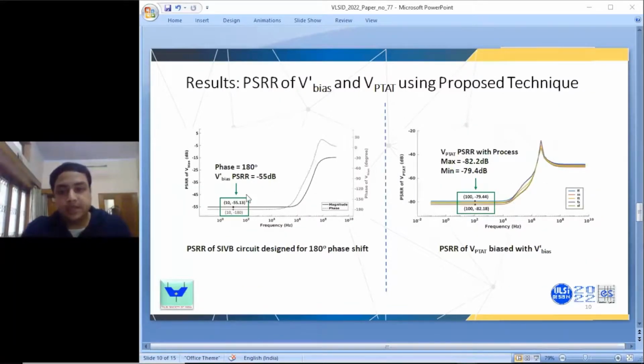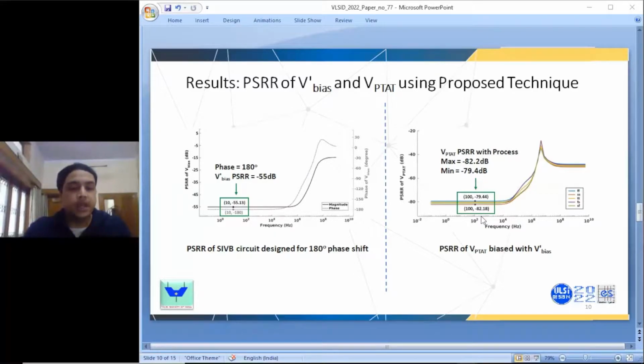So here are the results. On the left hand side, this is the PSRR of our supply independent biasing. Here you see we are able to achieve a 180 degree phase shift, and we designed it such that it achieves a typical value of around -50 dB.